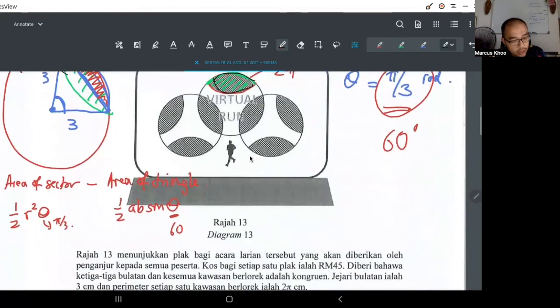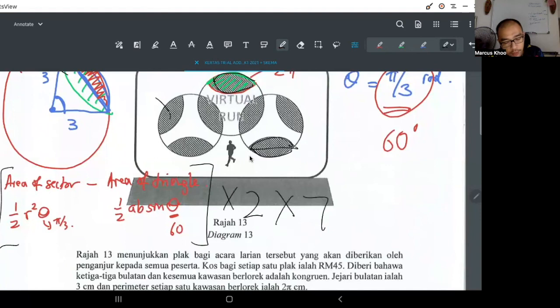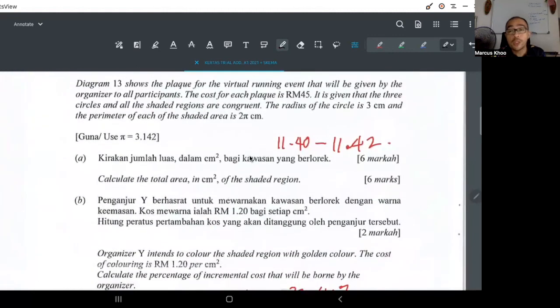You times 2 so that you can find both sides, and then times 7 because there are 1, 2, 3, 4, 5, 6, 7 segments all together. And you will get the answer between 11.4 to 11.42 centimeter squared.